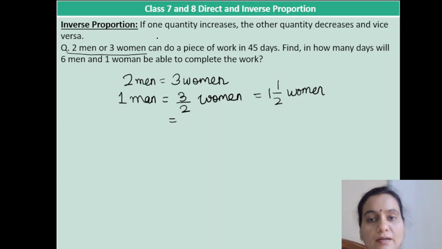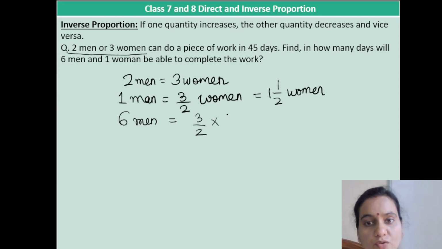All right, so 1 man we have already found is as effective as 1.5 women. So 6 men, I'll just multiply 3 by 2 into 6. So 6 men are as effective as 9 women, right?